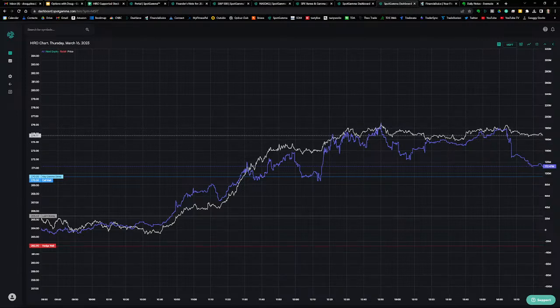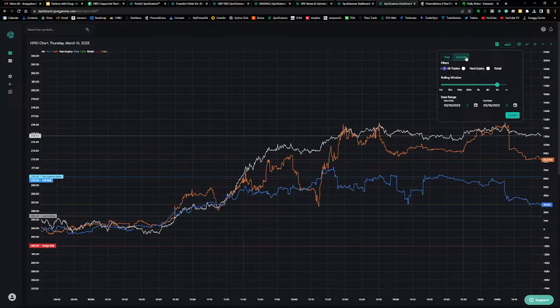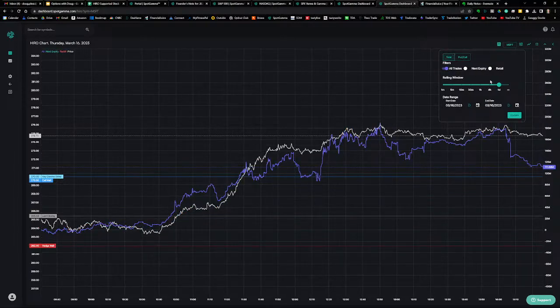And notice the chop, flat Hero in the morning, and then start to rise and price follows. So that's Microsoft. And let's just separate out puts and calls. So really calls driving, but not as clear as some of the other stocks that we looked at. Total signal provides a better signal.